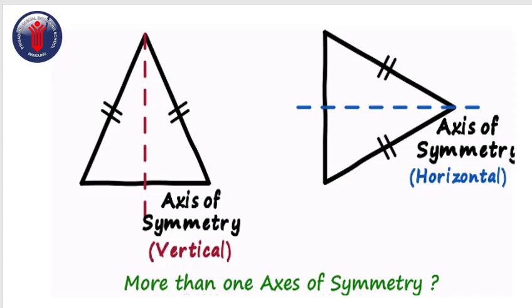If you look at just these two triangles, you would probably say no, because there is no other line which can divide these triangles into two parts that match exactly. But the correct answer is that a shape can have more than one line of symmetry.